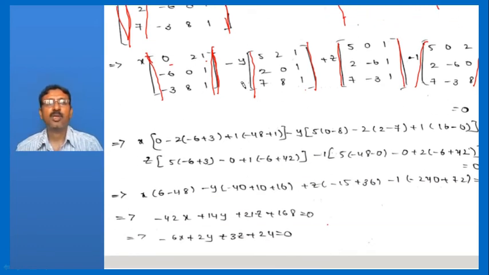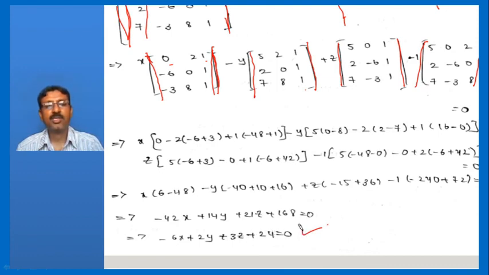So here we have 3x3 matrices. I have written the determinants for every matrix. Finally after simplification I got the equation containing x, y, z and constants: minus 6x plus 2y plus 3z plus 24 equal to 0.